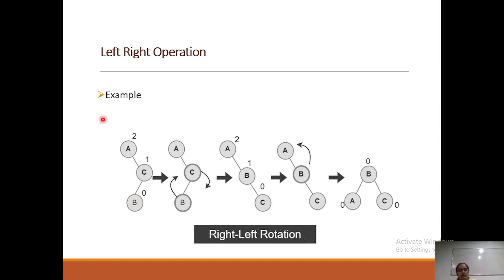First of all we'll perform the right operation, and then we will perform the left operation, so that B, the newly inserted leaf node, becomes the root node. A will become the left subtree and C will become the right subtree.